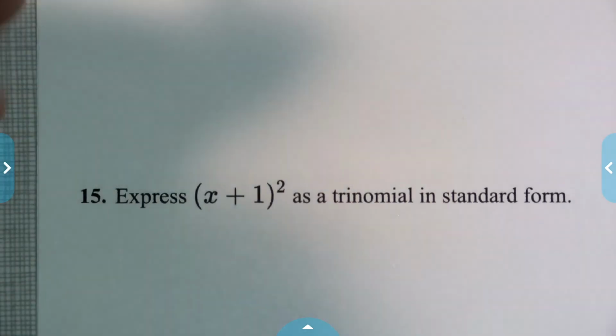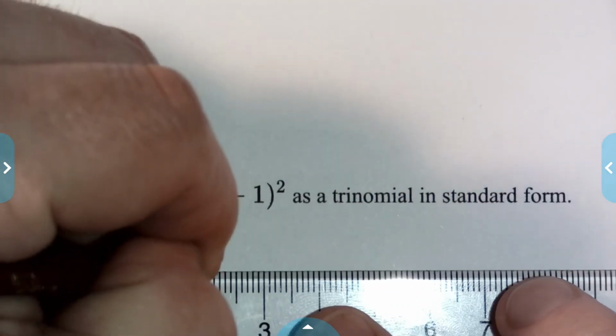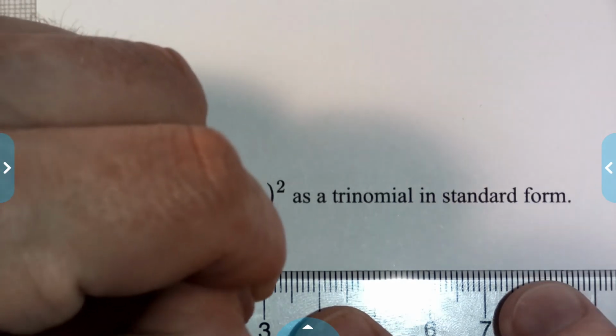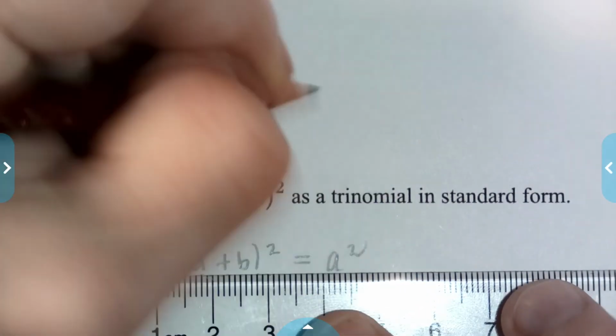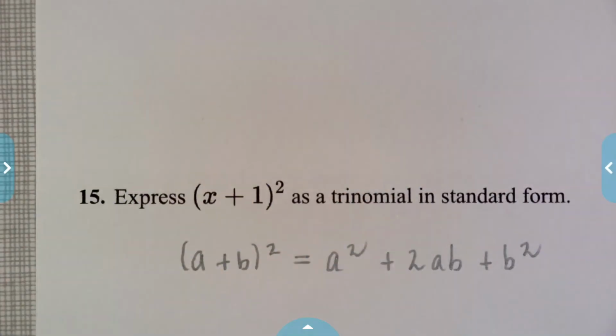Okay, so if we remember that a plus b squared is equal to a squared plus 2ab plus b squared. And we can just do this in our head.